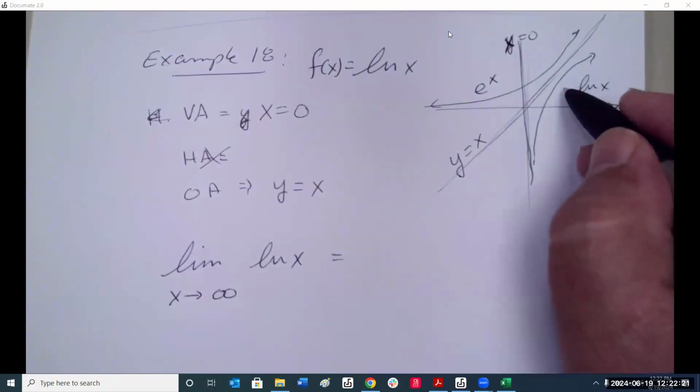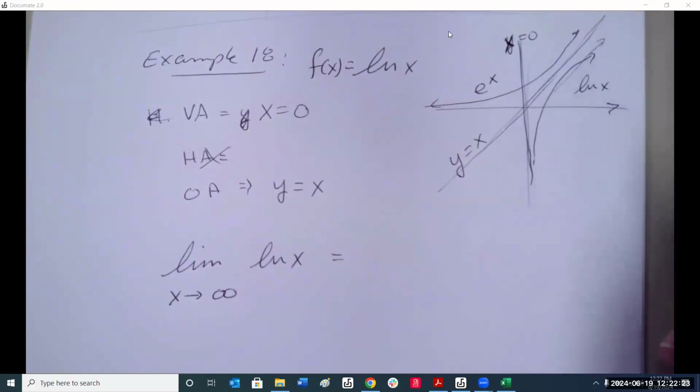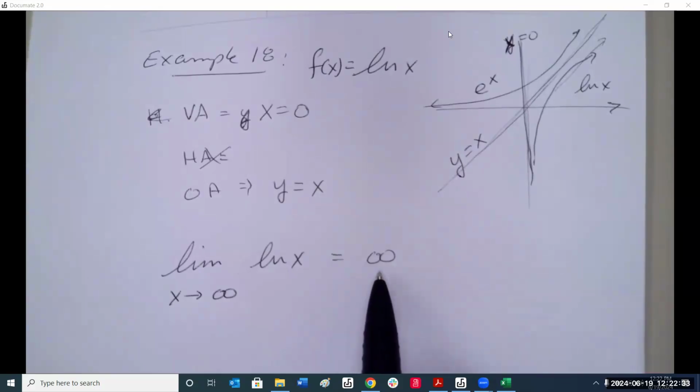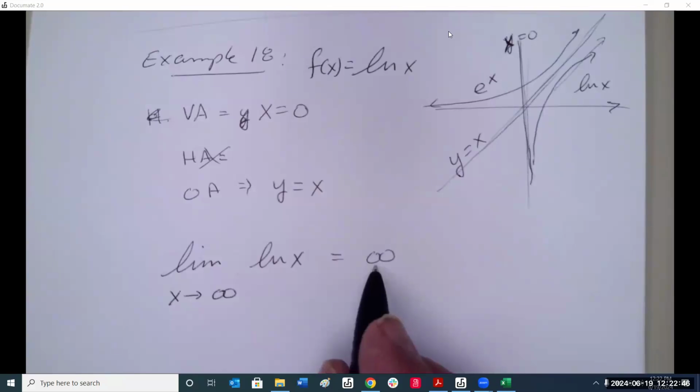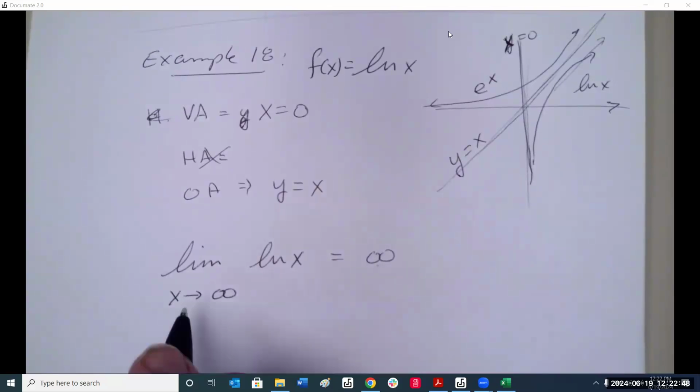Infinity. It's going to infinity. Because remember, we don't have a horizontal asymptote. In other words, when it goes to infinity, it either goes to 0 or infinity. So this one does, it just goes on forever and ever.